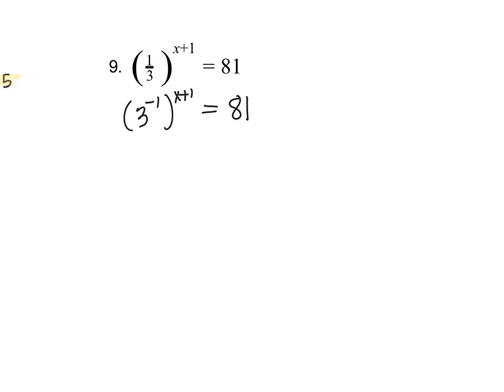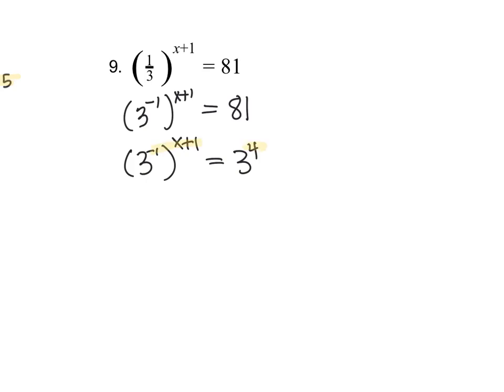Now I want to see if I can rewrite 81 as 3 raised to a power. So plugging in exponents into my calculator, we get that 3 to the 4th is 81. So now that we have the same base, we want to set the exponents equal.